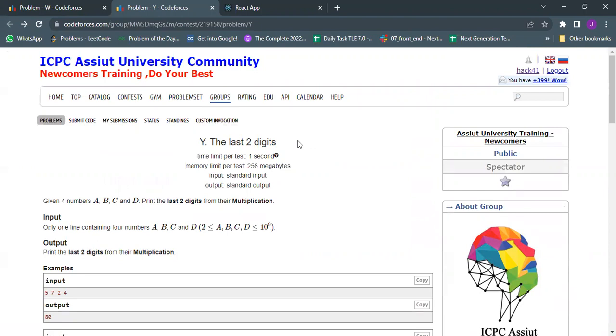Are int and long int the same? I never heard about long int, never used it, but yeah, I think they are the same.